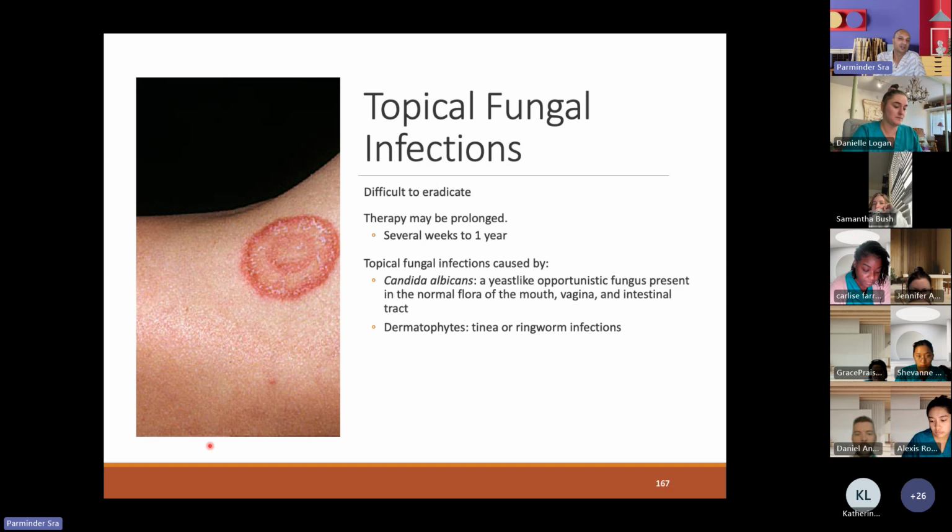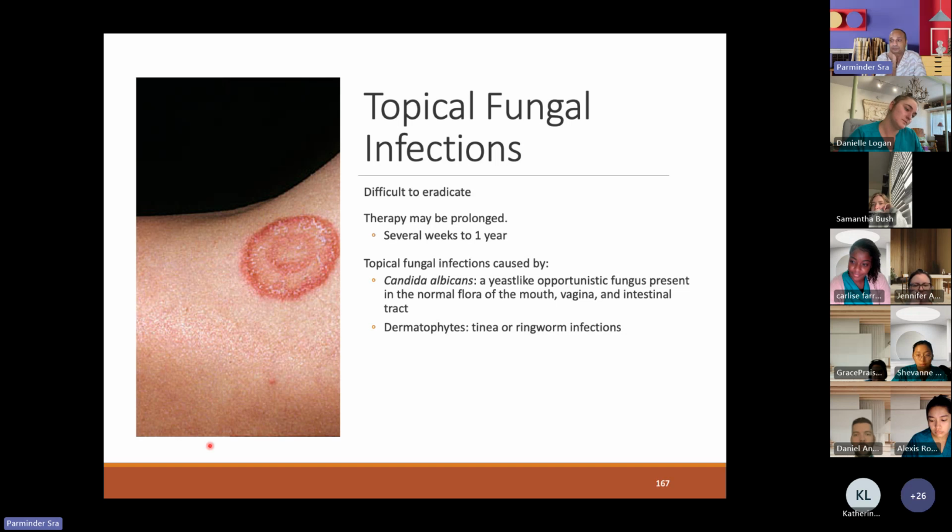The treatment can go on from months to years. Now, in the picture, what you see, what is it called? Is that like a ringworm? Yeah, that's a ringworm because it looks like a ring. That's why it's named ringworm infections.